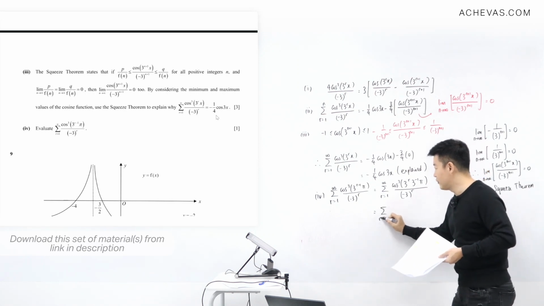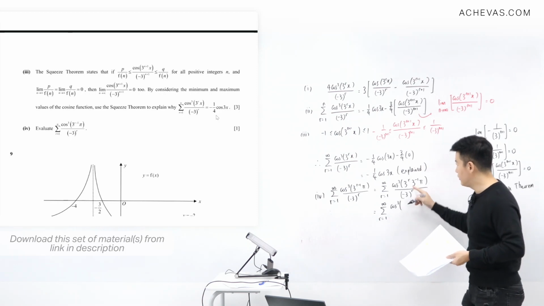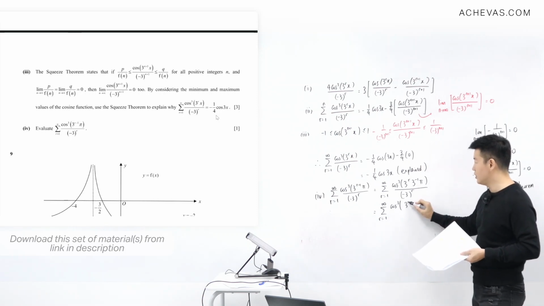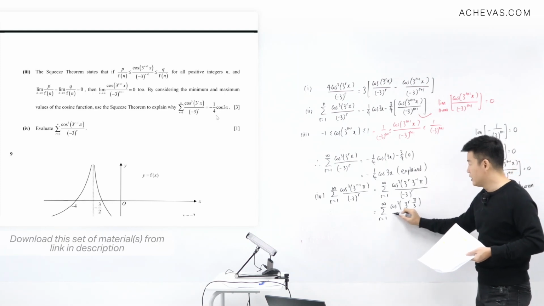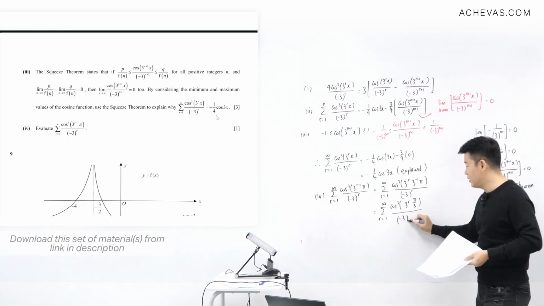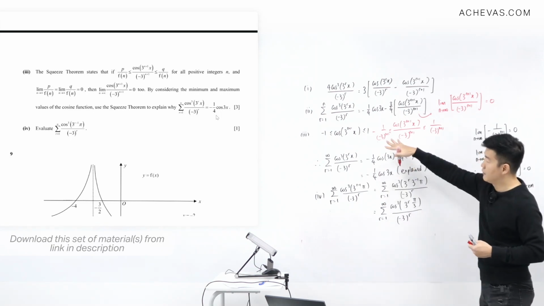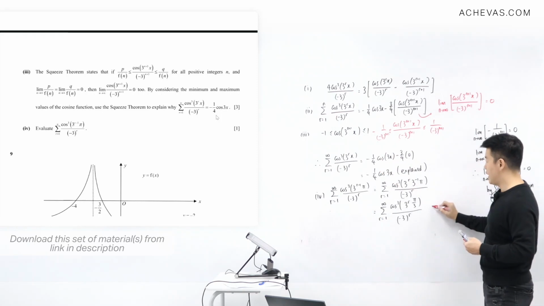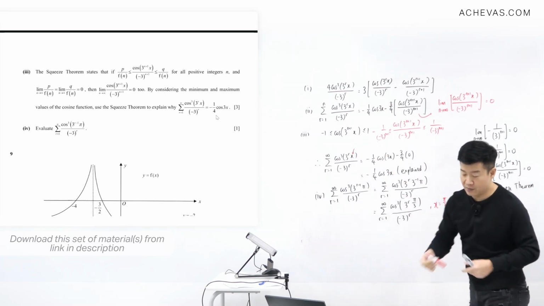This is the sum from r equals 1 to infinity of cosine cube of 3 to the power of r. This and this combined, we have pi over 3, divided by negative 3 to the power of r. So what we are looking at is the situation of this when x is equal to pi over 3. This x over here is equal to pi over 3, right?